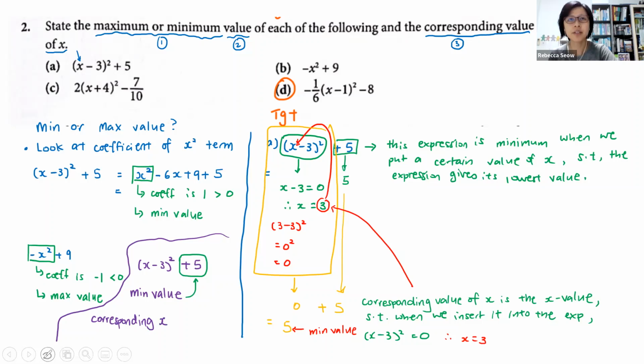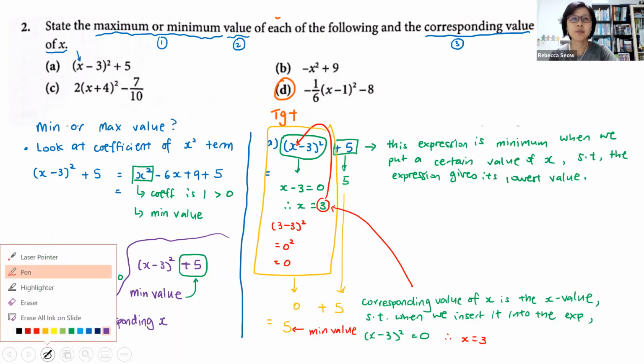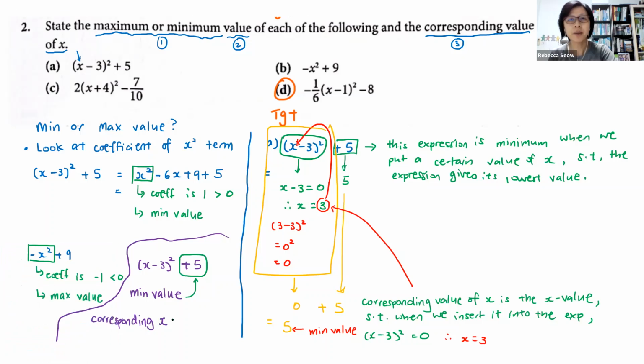The corresponding x value would be this entire expression here equating it to 0. So when we equate x minus 3 to 0, we get x equals to 3. This would be the corresponding x value.